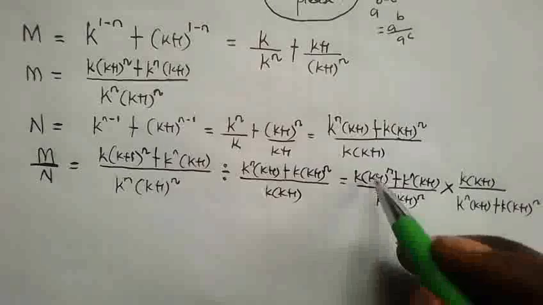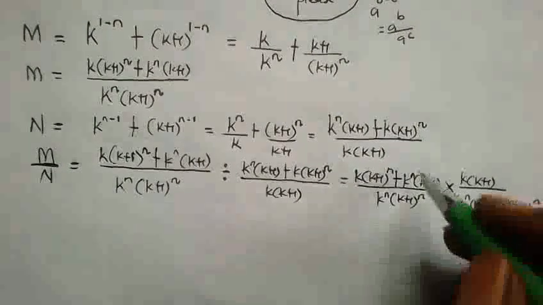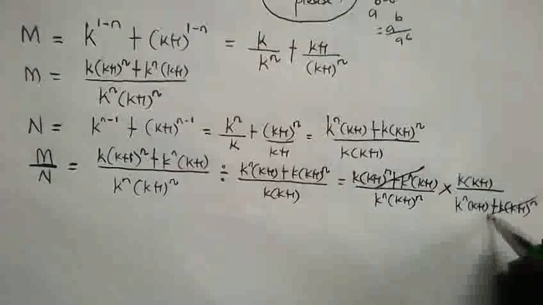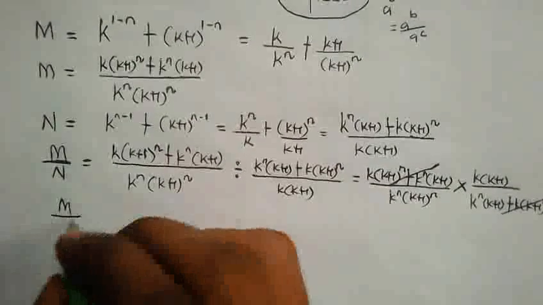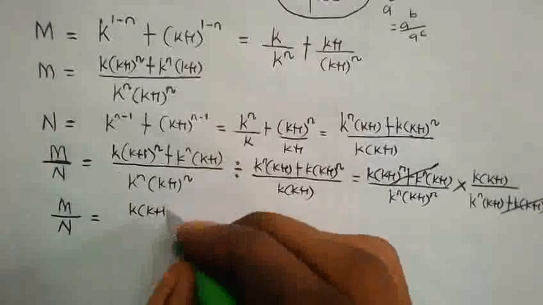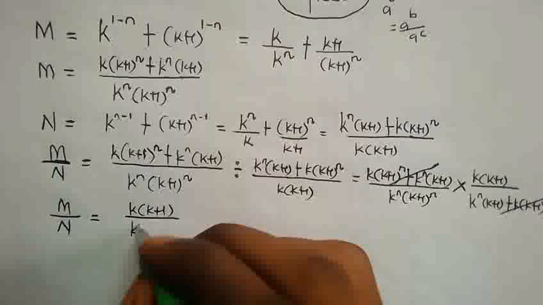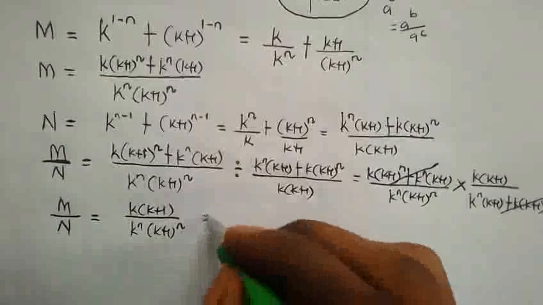Look at this here. This and this are exactly equal, so we're going to cancel out this and cancel out this, right? So we have here m over n is just equal to K(K+1) all over K^n (K+1)^n, right?